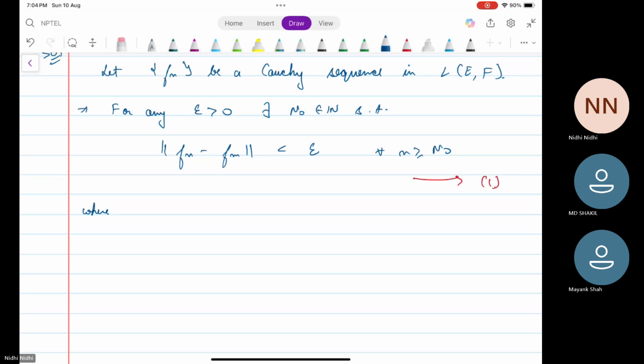So we will be taking the definition. We have some equivalent definitions for the operator norm.